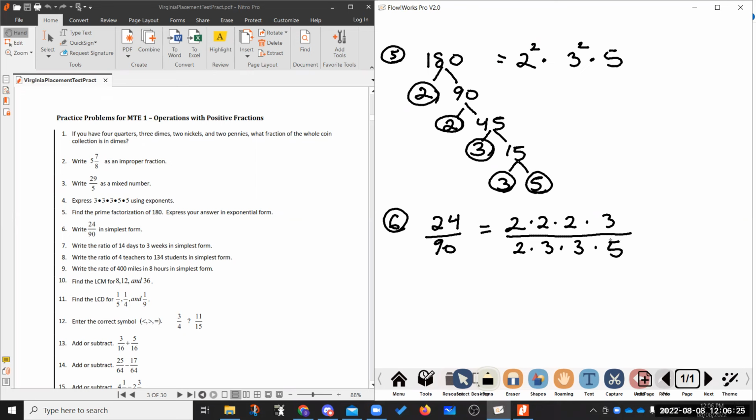Do some factor trees if you need to figure those out. I'm going to take the common factors that divide out to make 1, and I'm going to cancel them. So 2 divided by 2 is 1. I have no more 2s in the denominator to cancel, so I'm going to look at the 3s. 3 divided by 3 is 1. So the remaining 2s in the top multiply to give me 4, and 3 times 5 multiply to give me 15 in the bottom. 4/15 is my answer.